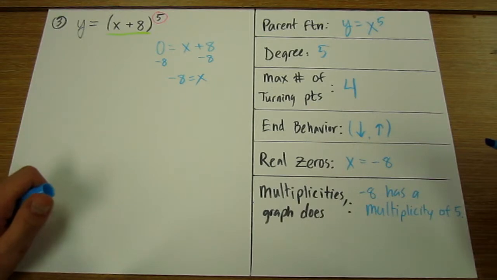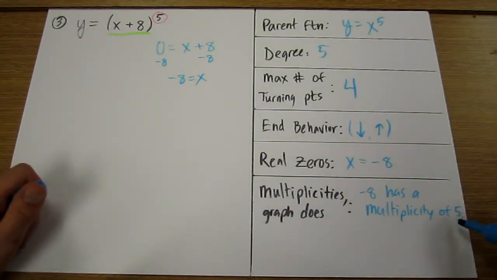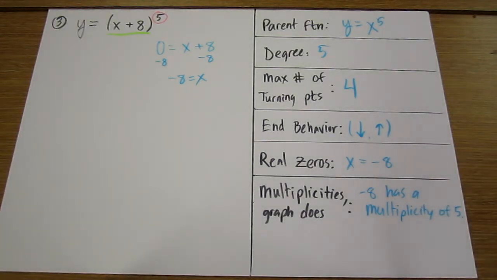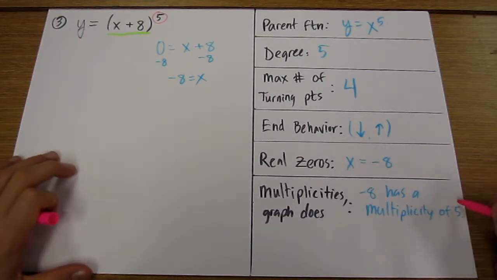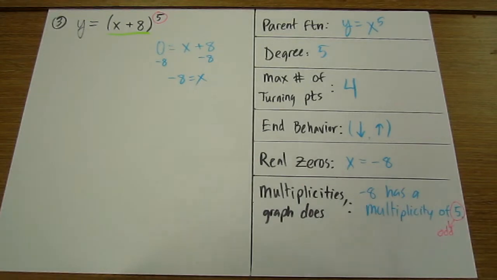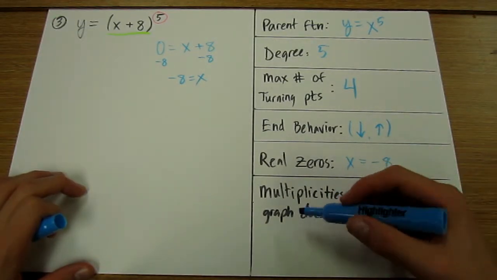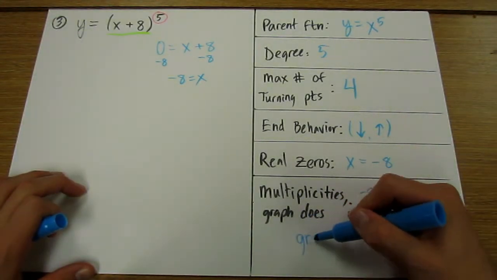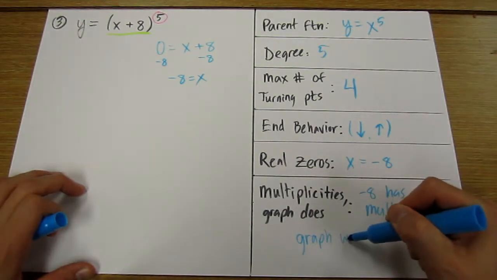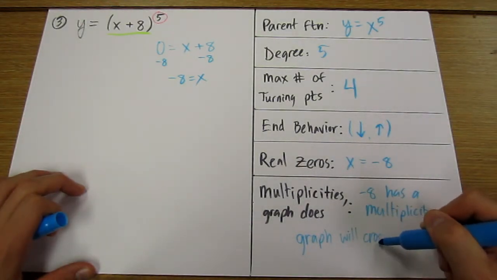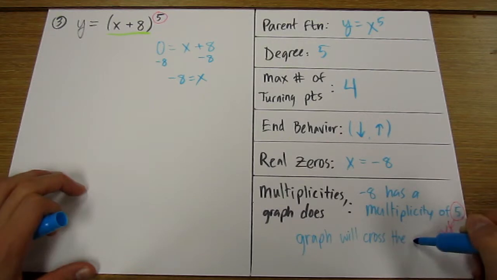And there is an important trend that happens depending on whether our multiplicity is odd or even, okay? In this case, it is odd, so I'll write that in here just as a note. This is an odd number. So, if it is odd, our graph will cross the x-axis.